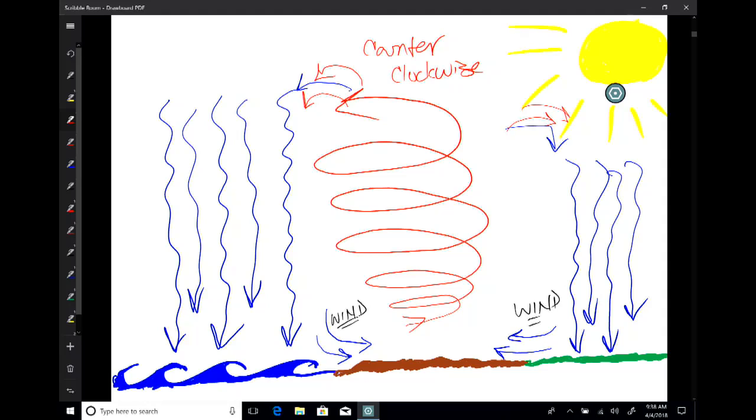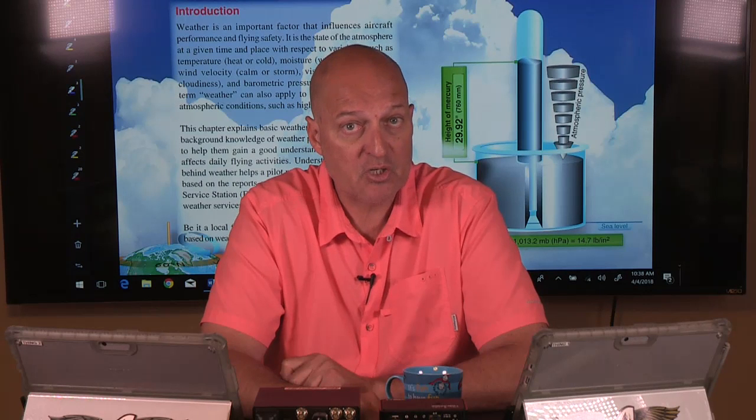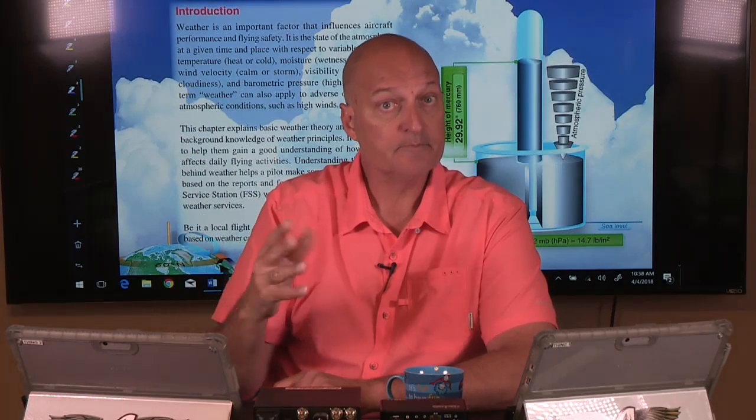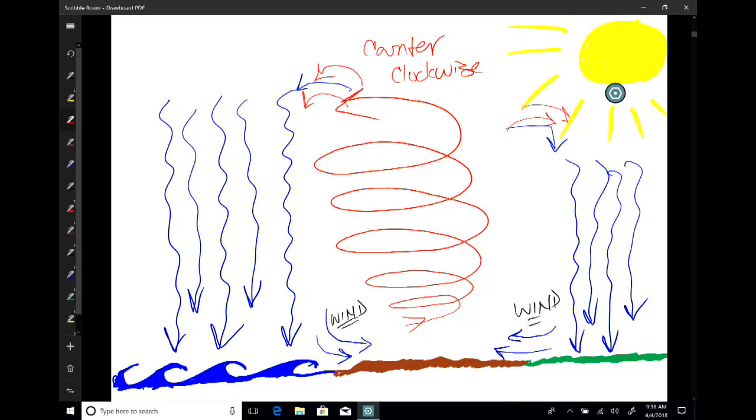As that warm air begins to rise, is there greater pressure or less pressure on the Earth's surface? There would be less pressure. So it would be a lower pressure occurring over that surface area because those molecules are rising, correct? So you have lower pressure circulating counterclockwise.